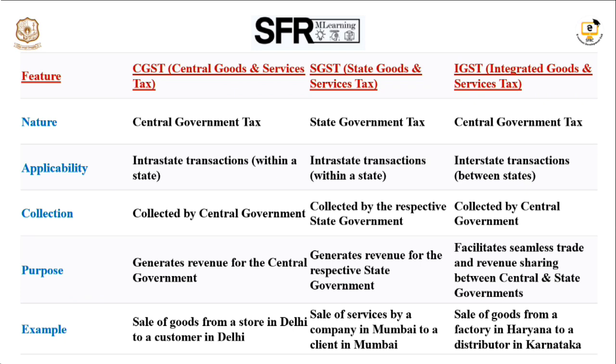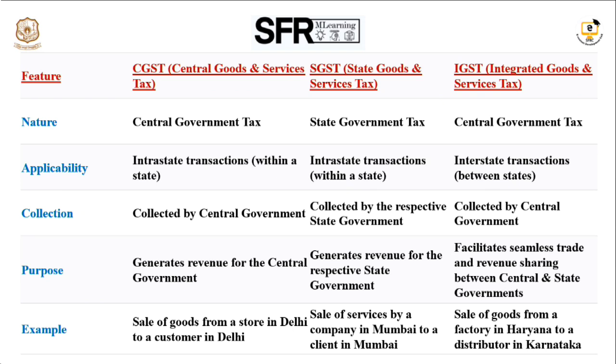First, when you come to the nature, CGST is a central government tax, whereas SGST is a state government tax, whereas IGST is a central government tax. When you come to the applicability of the tax, under CGST it's applicable to intra-state transactions alone, that is only within the state.